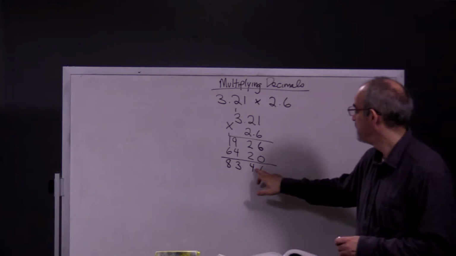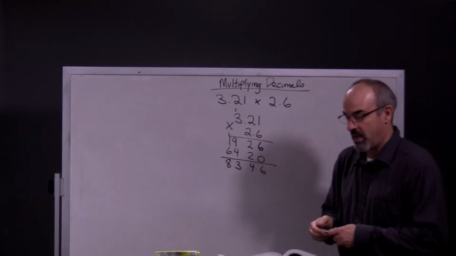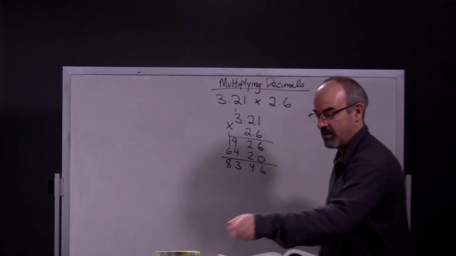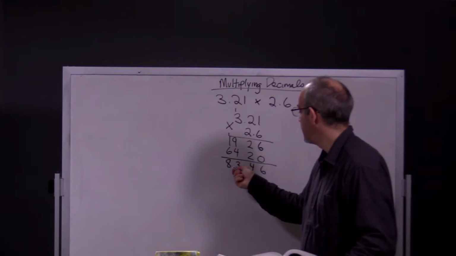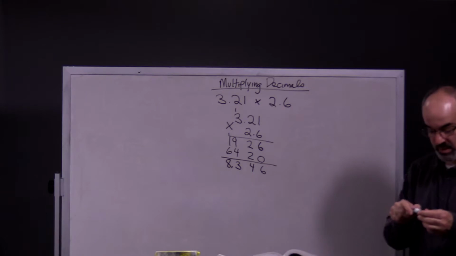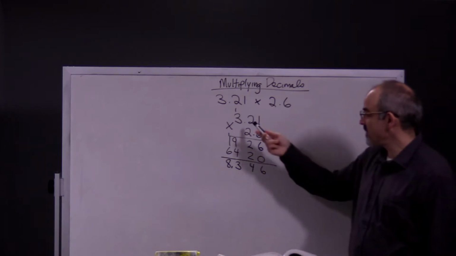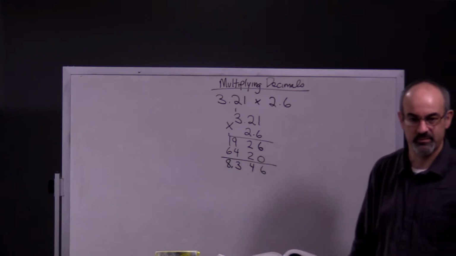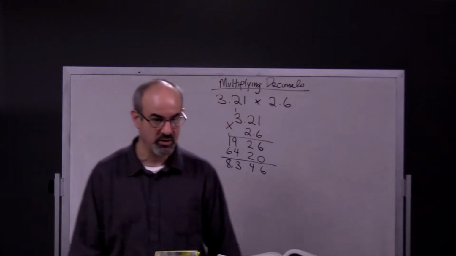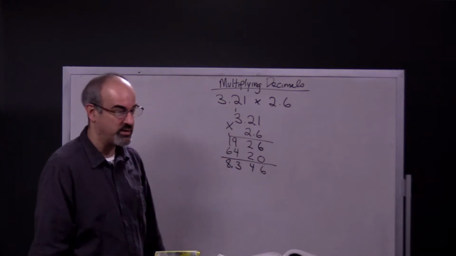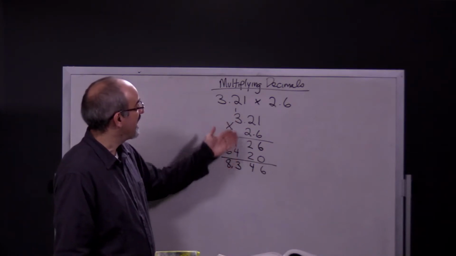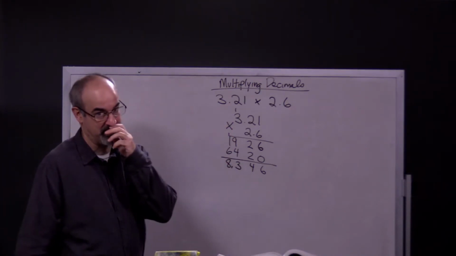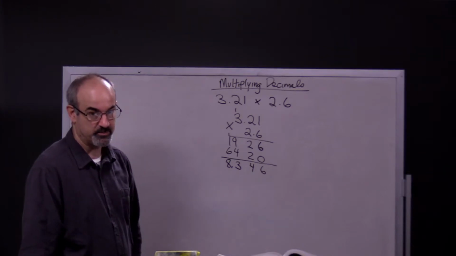No. What about 8.346? That makes sense. This number is almost 4. That number is a little bit more than 2. So the answer being 8 point something makes sense to me. So that is the answer, 8.346.